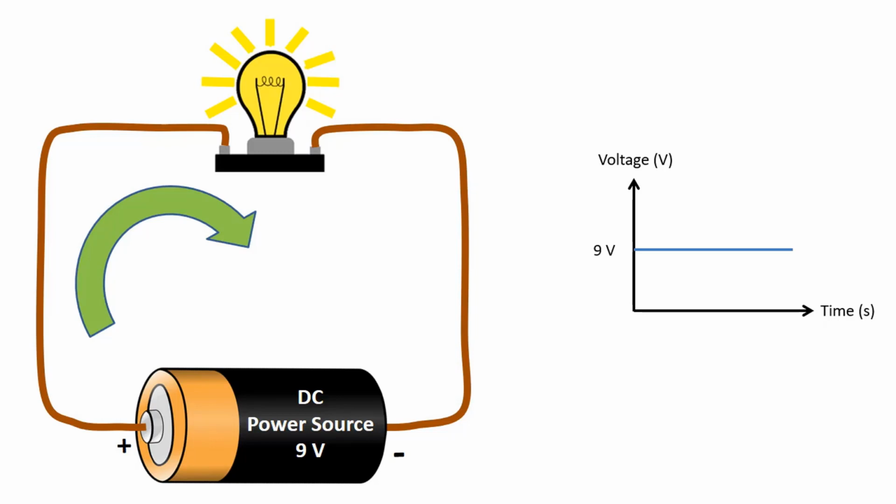The voltage given by this source to the lamp will always be constant at 9 volts. Therefore, the lamp will light with the same brightness. The voltage time graph of this DC source is as you can see on the right. This is how we can show on the graph that it always gives a constant 9 volts voltage.